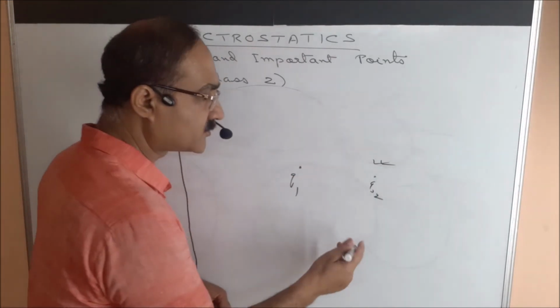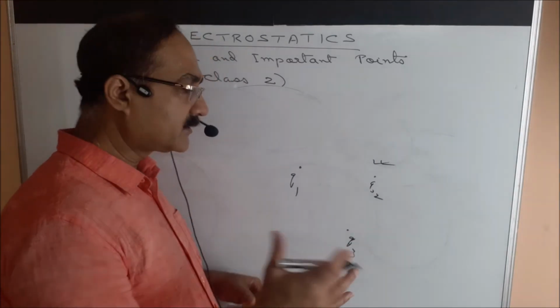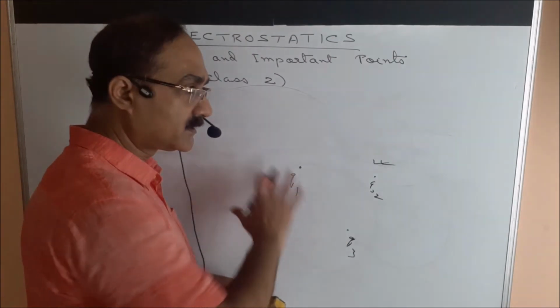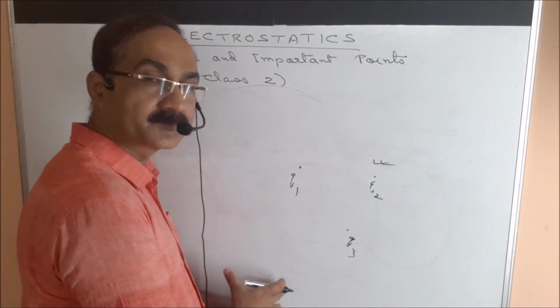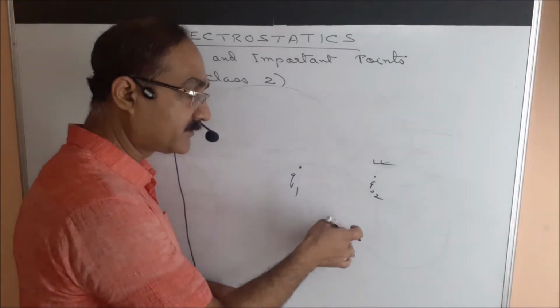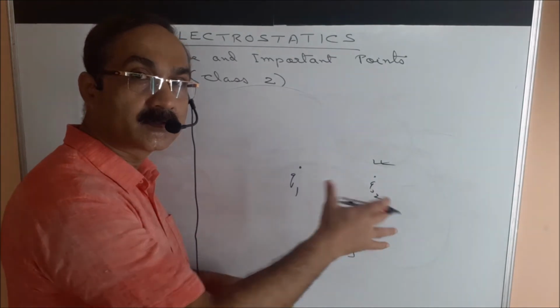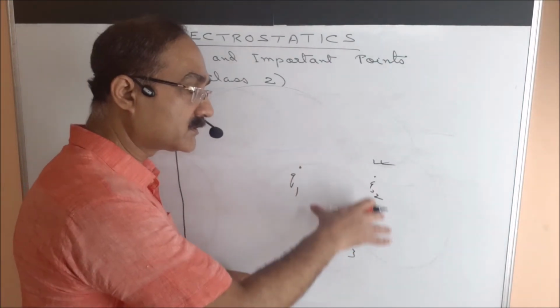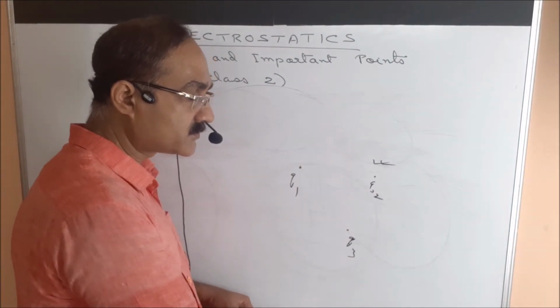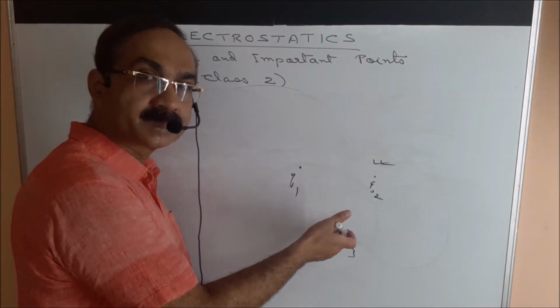Say we have brought a third charge Q3. When we are bringing the third charge Q3, there is an electric field here due to these charges Q1 and Q2. At every point there will be a potential due to Q1 and Q2. So against those electric fields, we have to do some work to bring Q3 to this point. Okay?